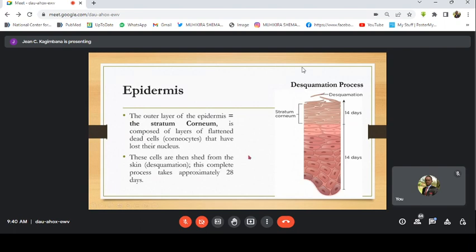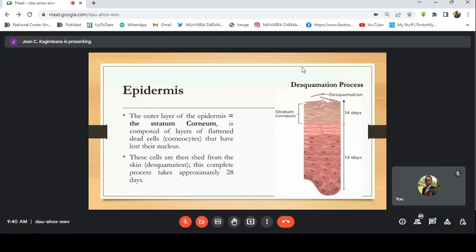Now, the process is called desquamation. That's why in some skin conditions, like eczema and psoriasis, you have desquamation, which is these cells just shedding from the skin.